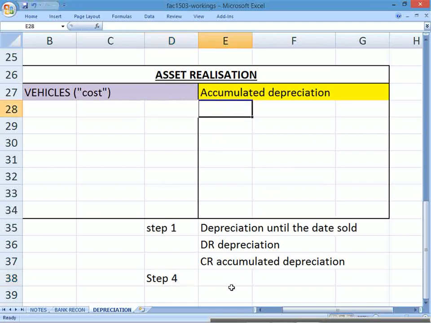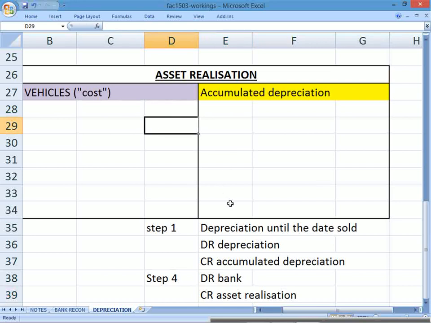Okay, so if I record the proceeds, you're going to debit the bank, and you're going to credit the asset realization account. Okay, why? Because you're selling the asset. So if you're selling the asset, do you get cash? Of course you do. Okay, so the asset is going to increase. You're going to get more cash than you started with.